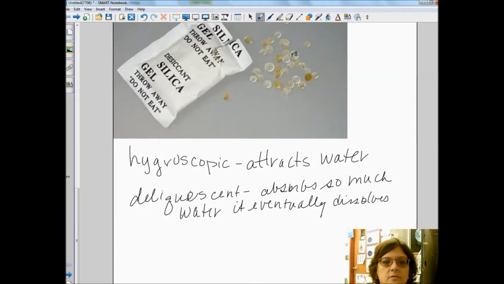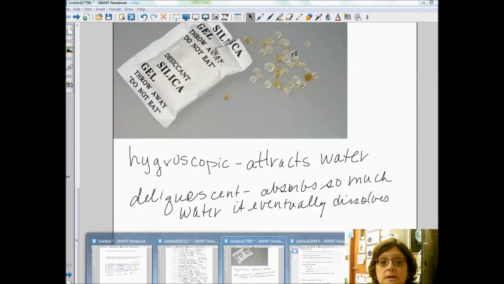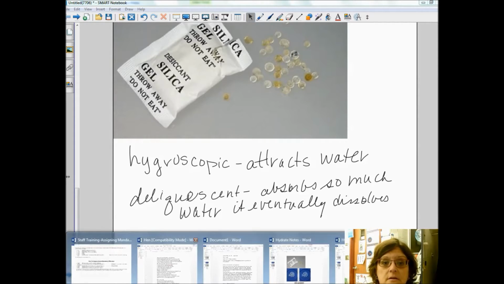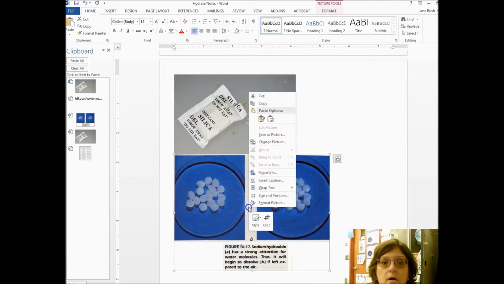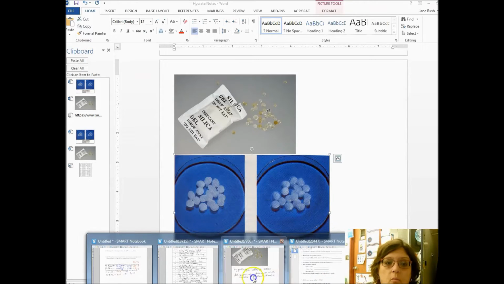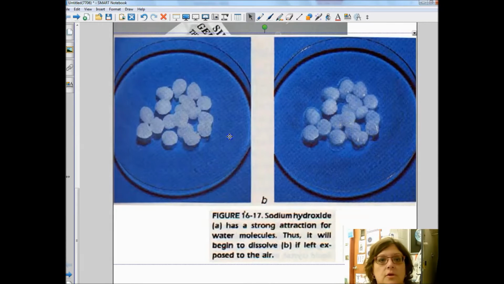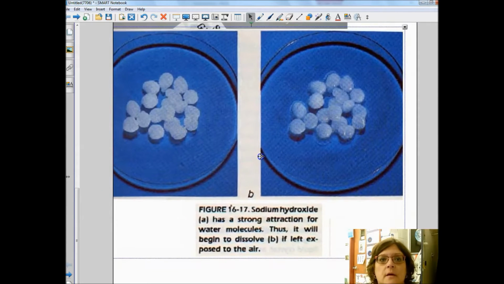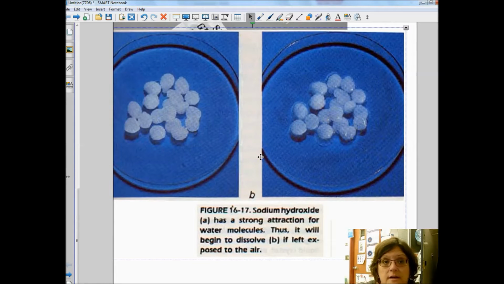Okay, here is another example of something that you will get to see in a couple weeks when we do our solutions unit. One of the things we'll use in our solutions unit is sodium hydroxide. When we use sodium hydroxide, you'll notice if you let it sit out without a lid on it very long, it will start absorbing water.